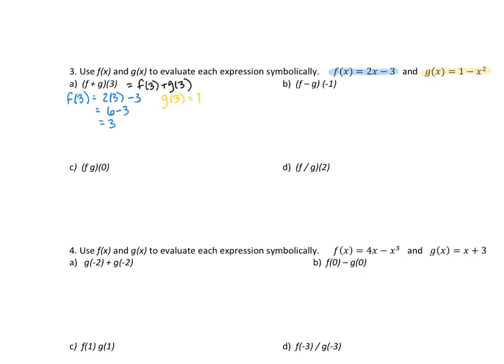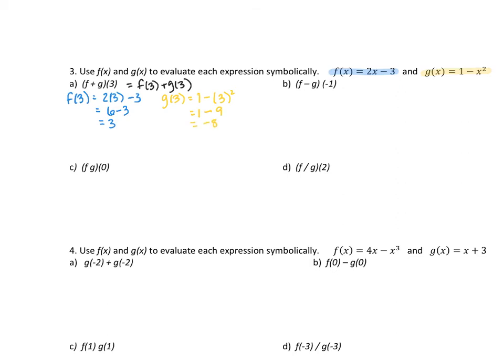And that's going to be 1 minus 3 squared. In this case, the minus is on the outside because we're subtracting whatever we get for our x squared. So this is going to be 1 minus 9, or a negative 8.